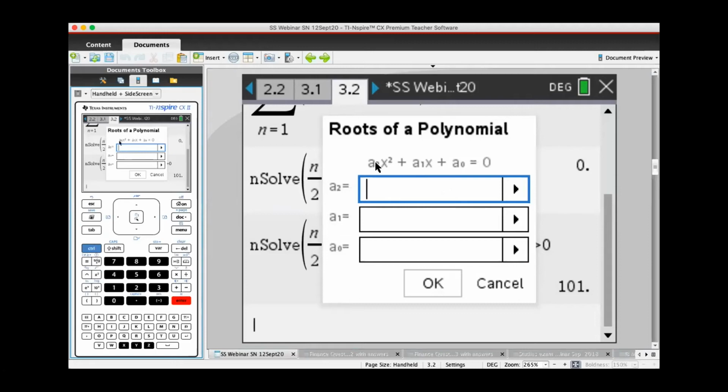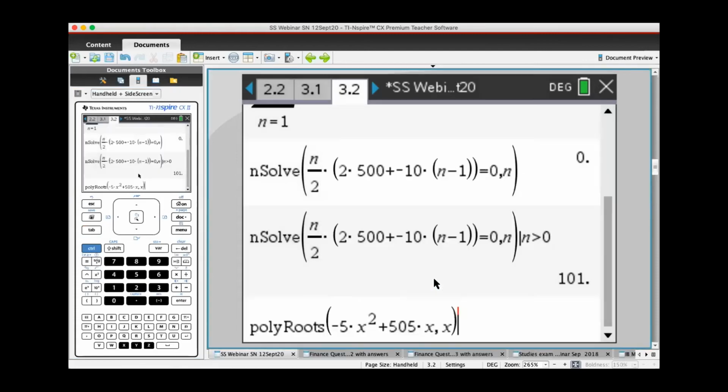So my A2 is -5. I move the tab. My n is 505, and the C is 0. Okay, and I press OK.